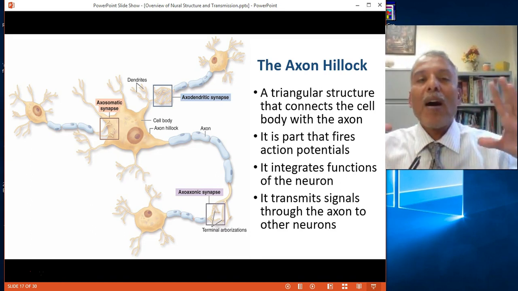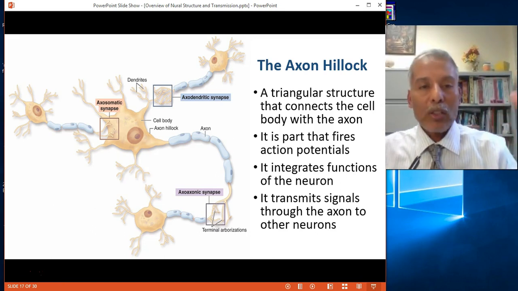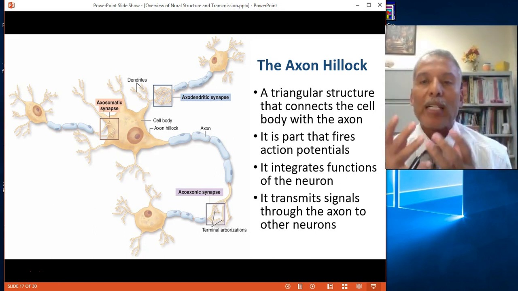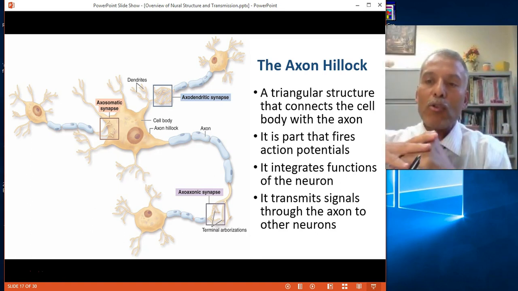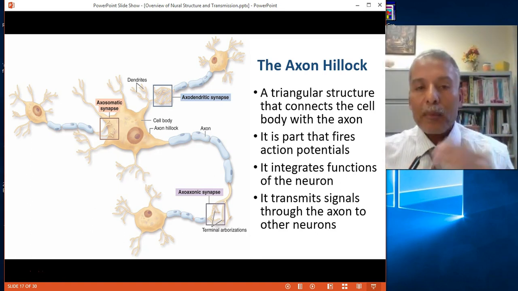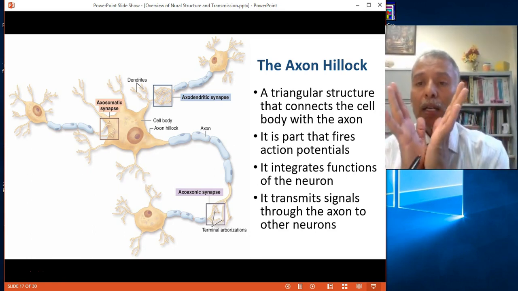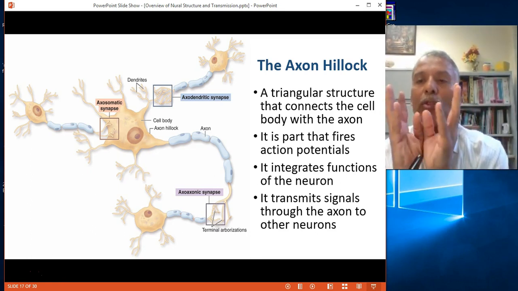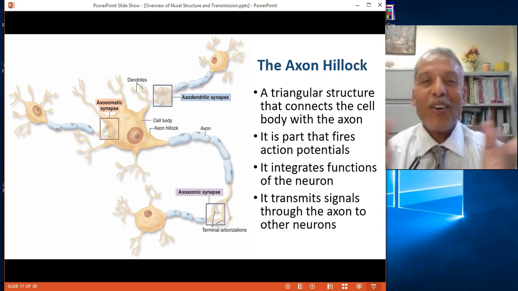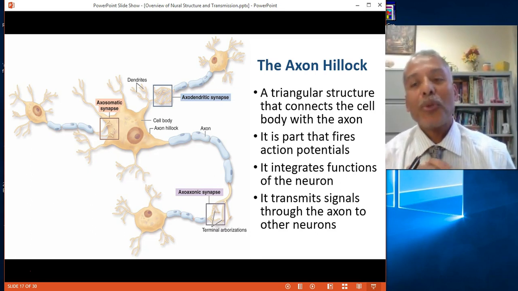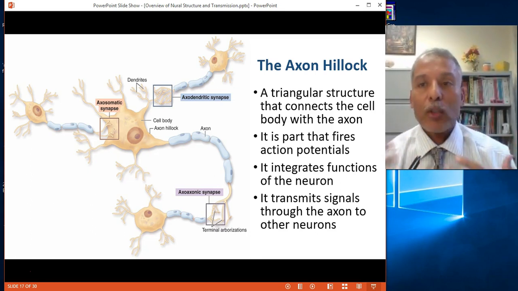Anyways, hundreds and thousands of messages come to the axon hillock. Some of them say, do this, and the other ones say, no, don't do that, do this instead. The axon hillock decides based on the majority, democracy, the majority of the signals coming in. If more signals are telling it to act and fire, it will fire.